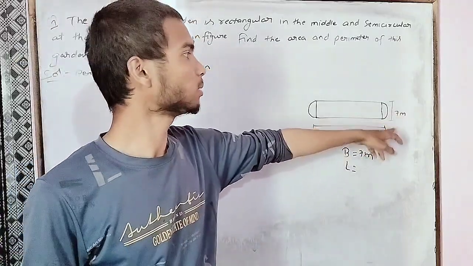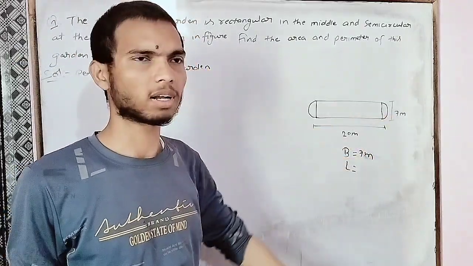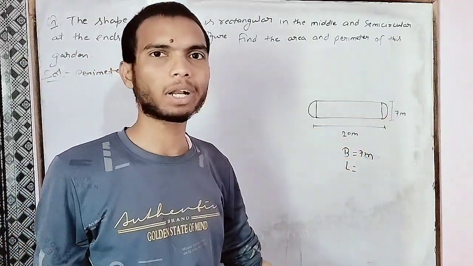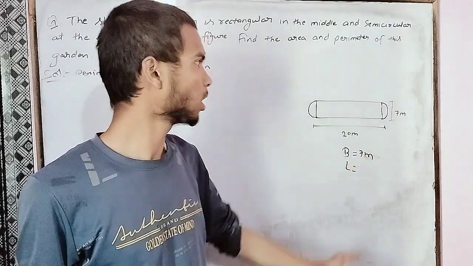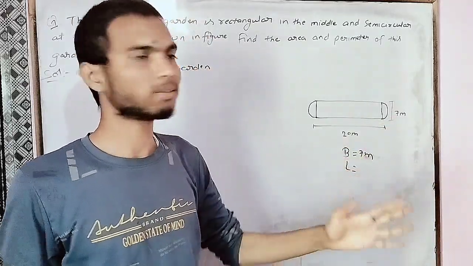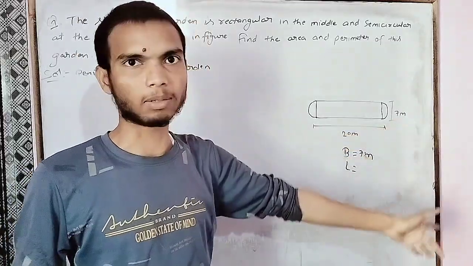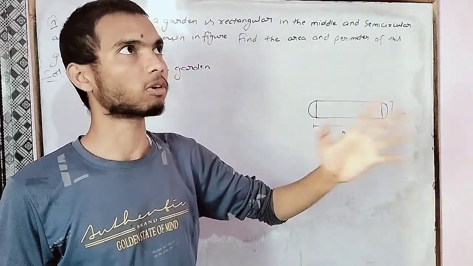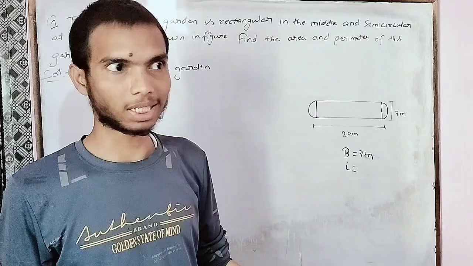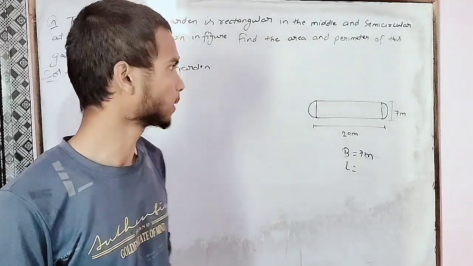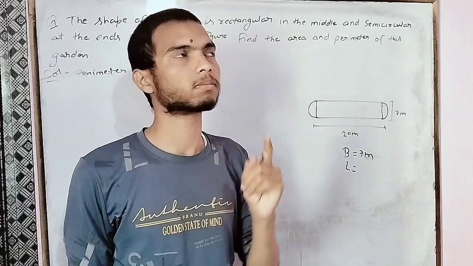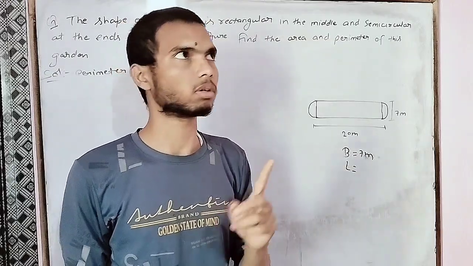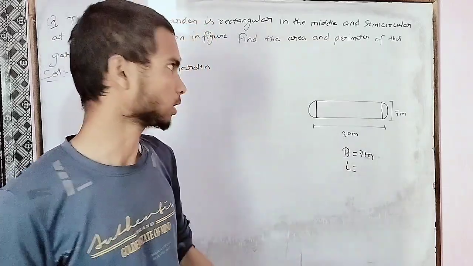So if 7 meter is the diameter of this semicircle, then to find the radius of this semicircle is easy. We just take half of the given diameter, which is 7/2, otherwise in decimal we can say 3.5 meter. So we have a radius, which is 3.5 meter.